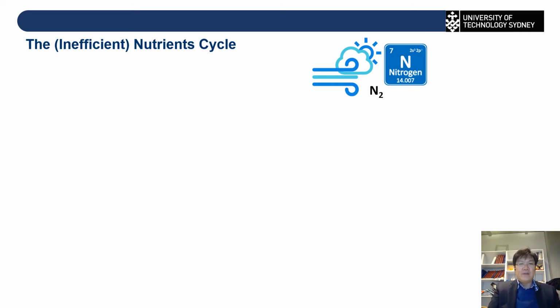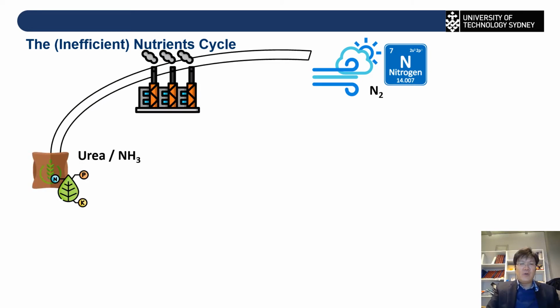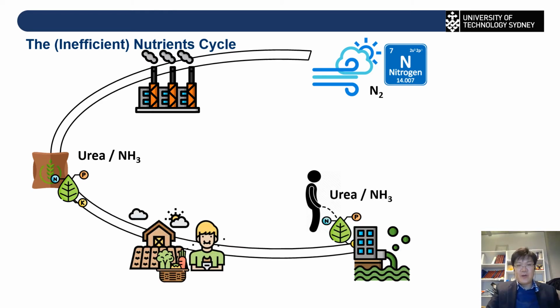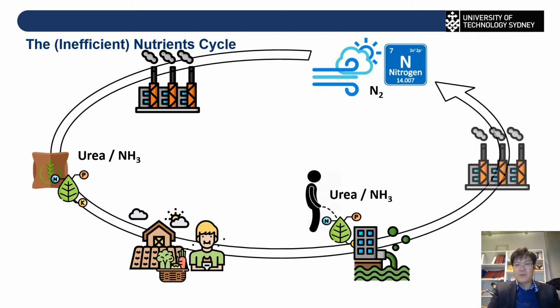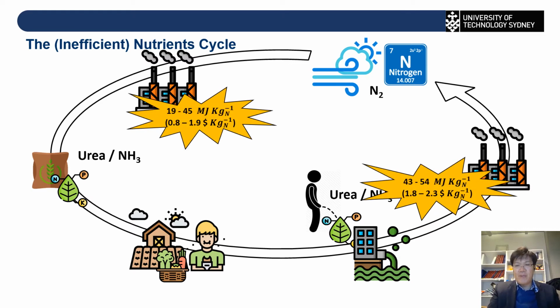So let's look at the nutrient cycle. We have a lot of nitrogen content in the air. Using the Haber-Bosch process, we produce urea and ammonia, and we consume our food, and then we discharge this kind of nutrient as urine, and we also send it to the wastewater treatment plant to remove most of the nitrogen and phosphorus because of environmental protection.